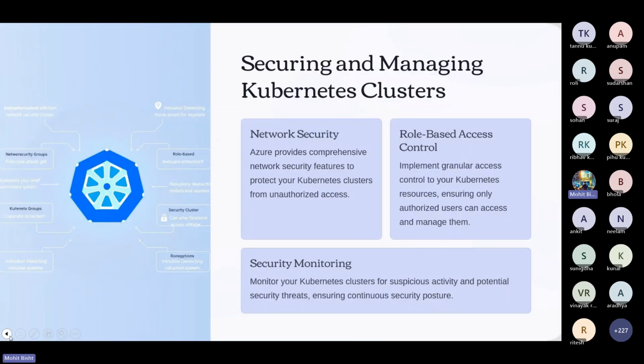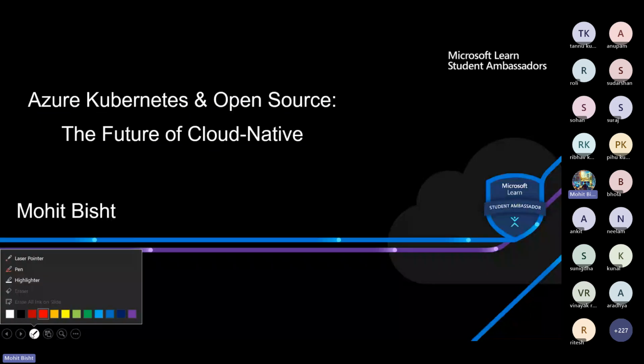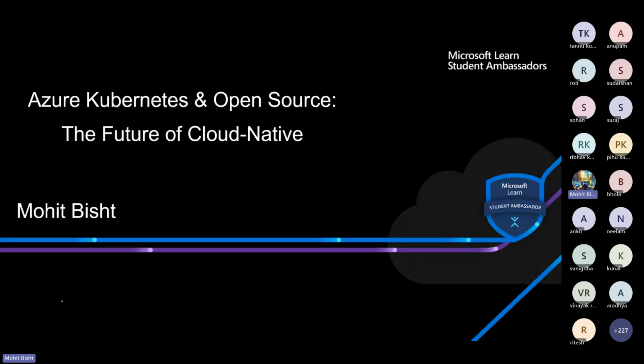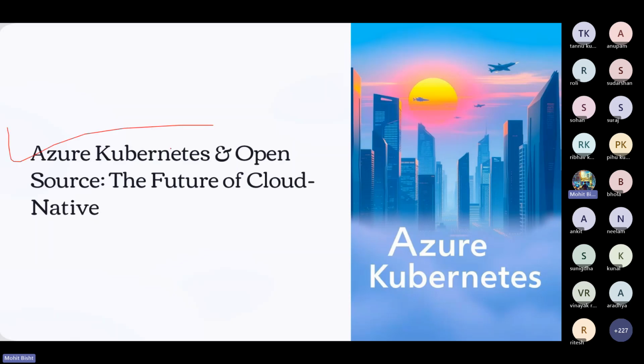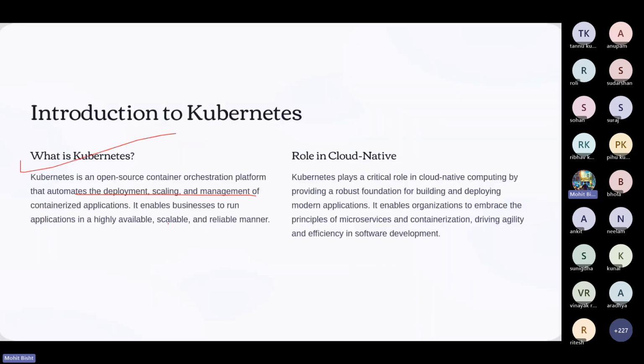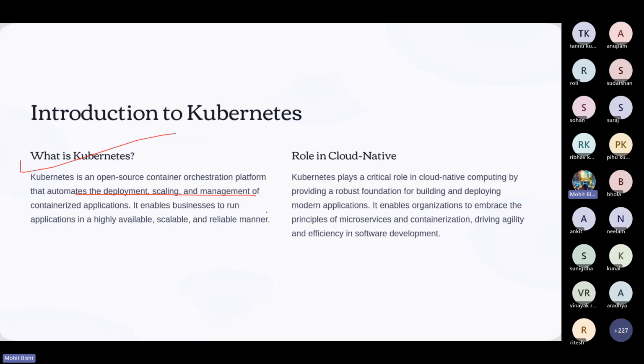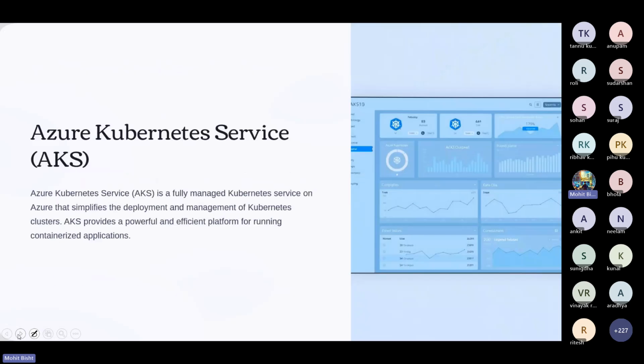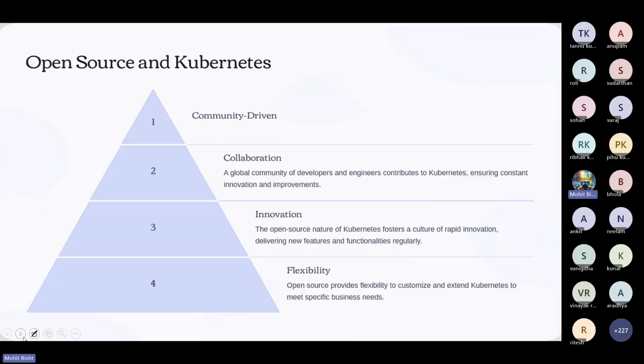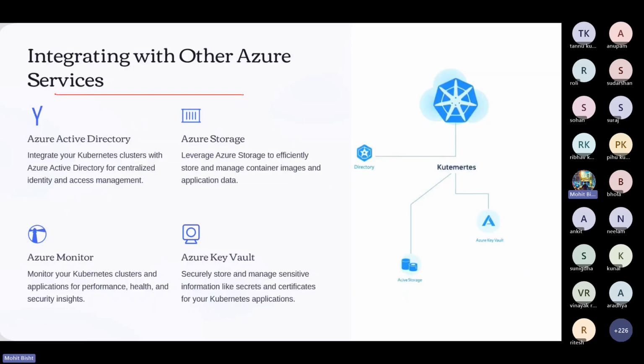Let me give a brief overall summary for the people who joined late. In this session, we have discussed Azure, AKS, open source, and the future of cloud native. We learned about Kubernetes and the deployment of things. We also learned about the different services provided by AKS, and how you can play around with all these services.